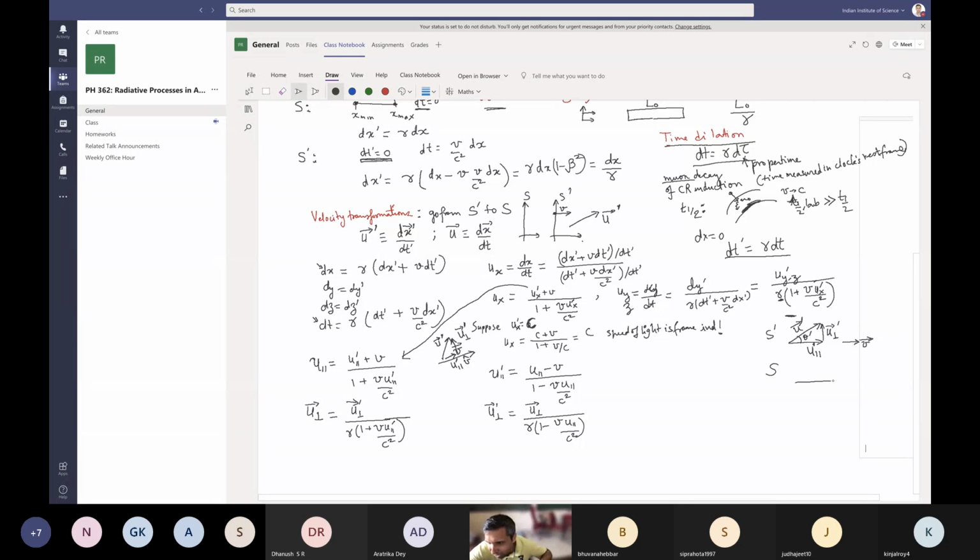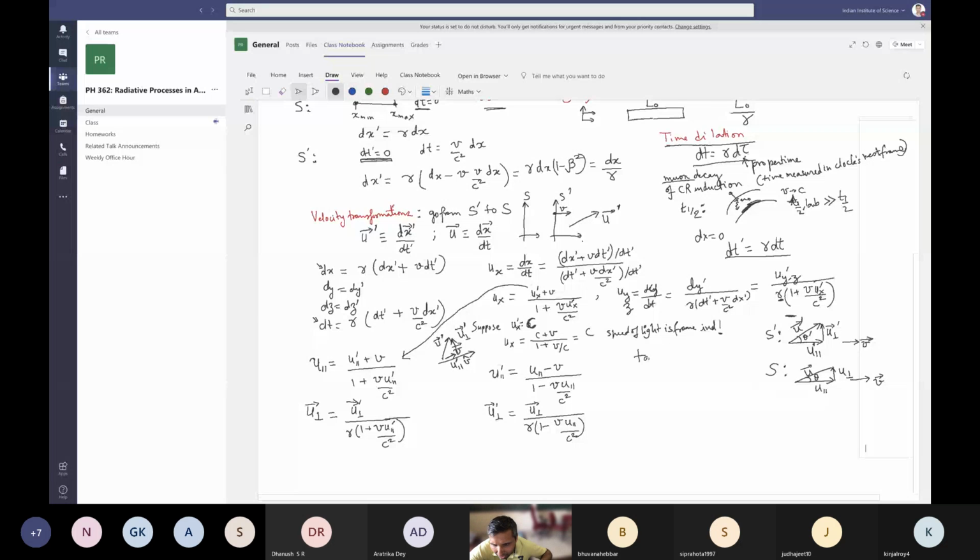You can actually define an angle theta, which is between u perp, u parallel, and u. And this is angle theta. This is not theta prime, this is theta, in frame S. And this again is the velocity between the frames. So what is tan theta?